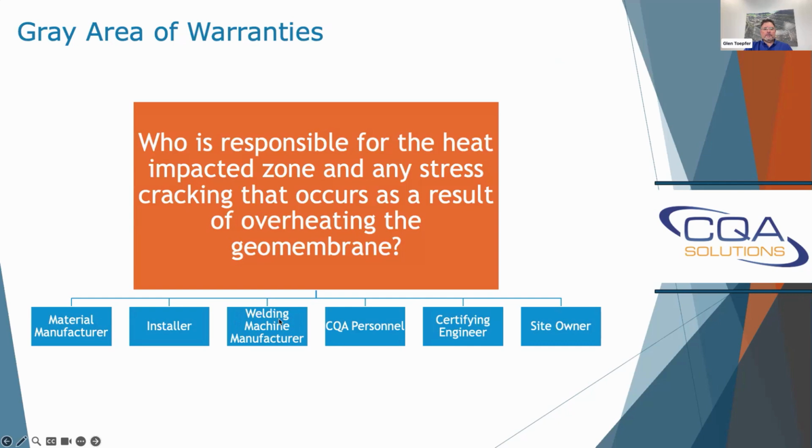The CQA personnel, are they going to be blamed? They could be blamed as well. The certifying engineer, why didn't they catch it? And then the site owner. But ultimately, the site owner is the one who's responsible. The site owner is the one who's going to be sued by the EPA or regulator, whatever regulatory agency.